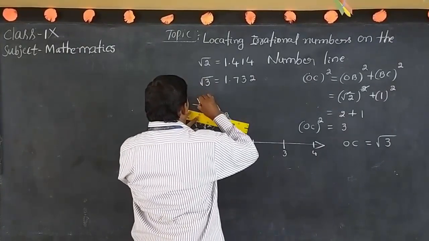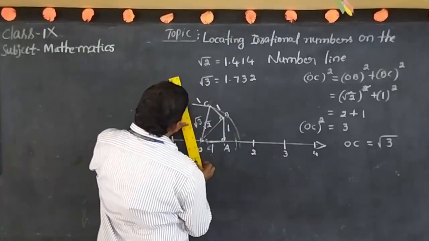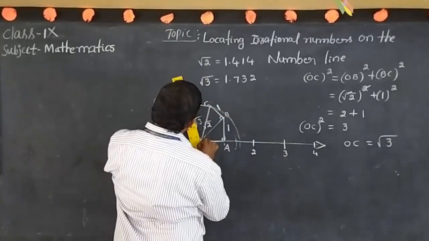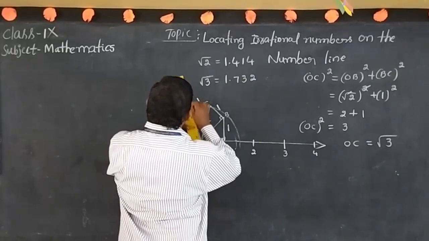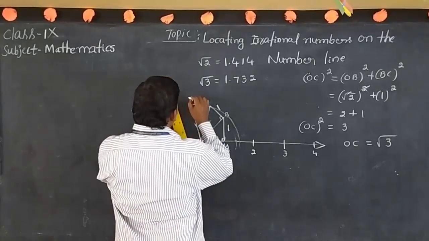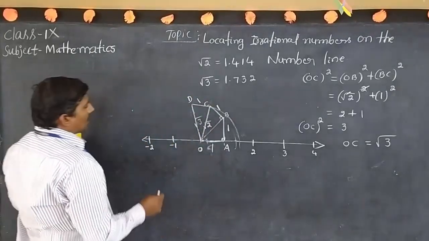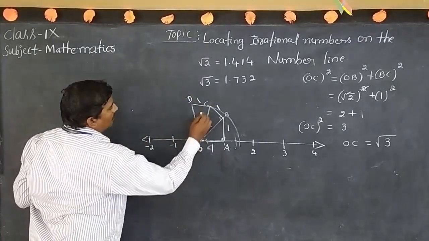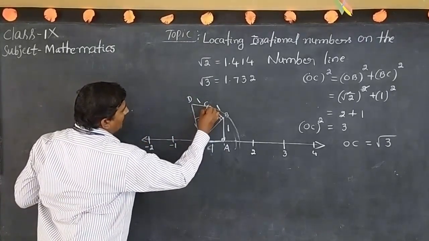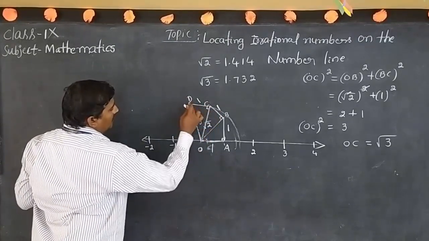Here again taking one unit, again joining, here taking as D. Now in the triangle, this is a right angle triangle OCD.